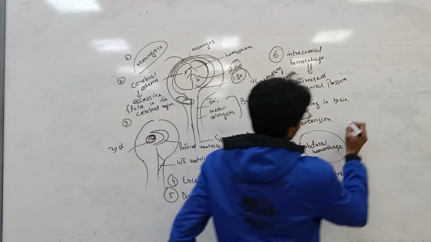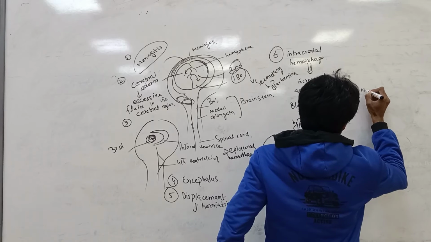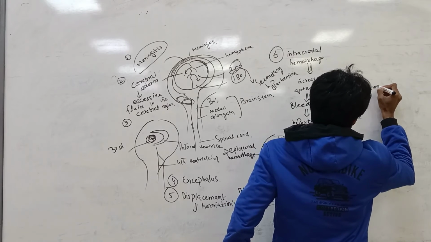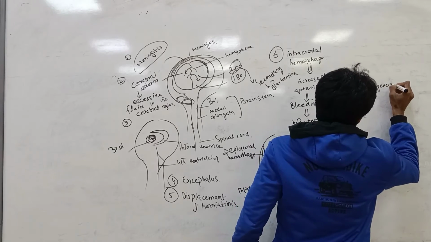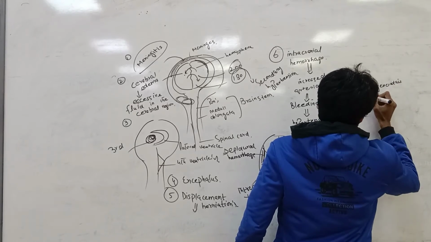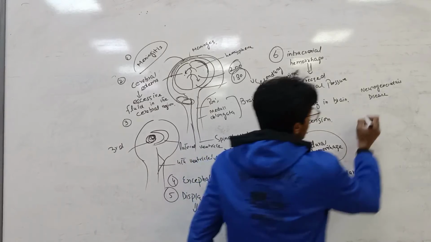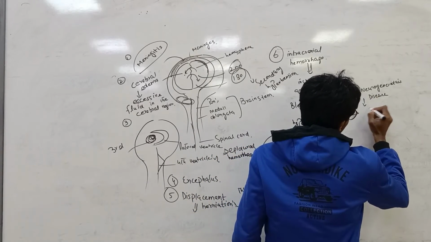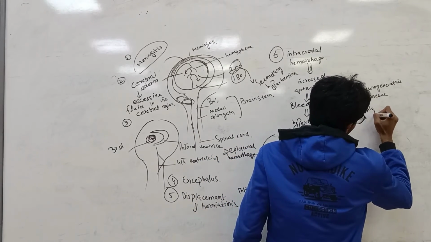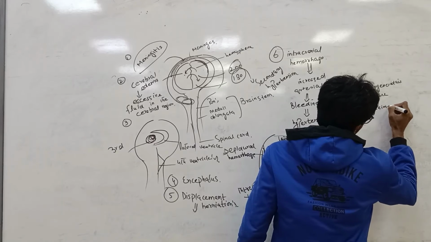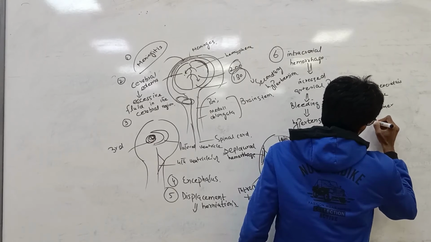These are two kinds of neurodegenerative diseases. There are several neurodegenerative diseases, but in the central nervous system, the diseases that happen are Alzheimer's and Parkinson's disease.